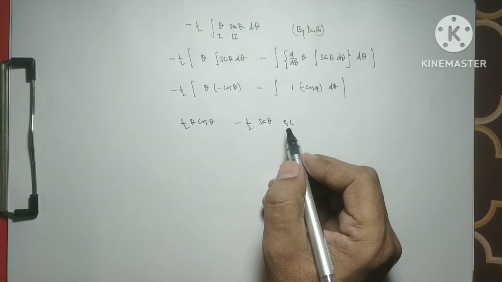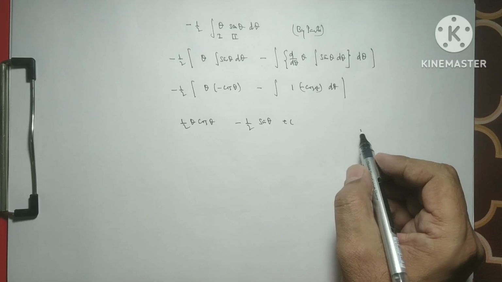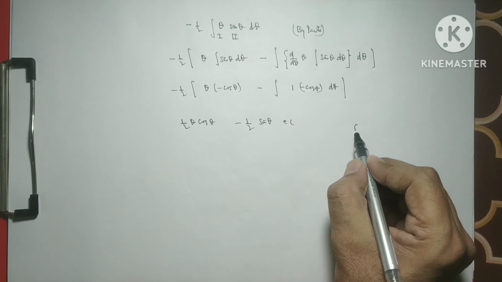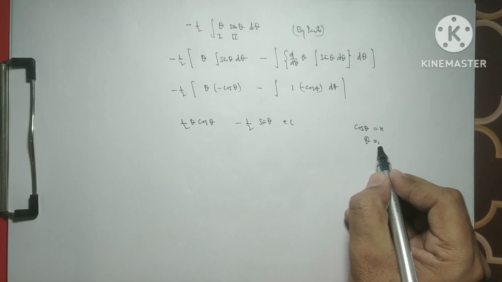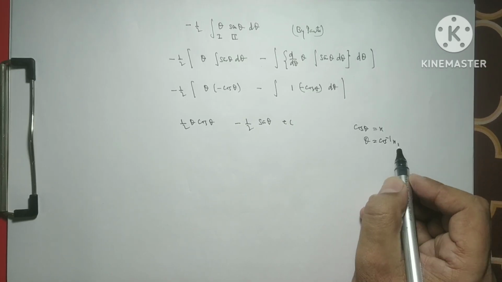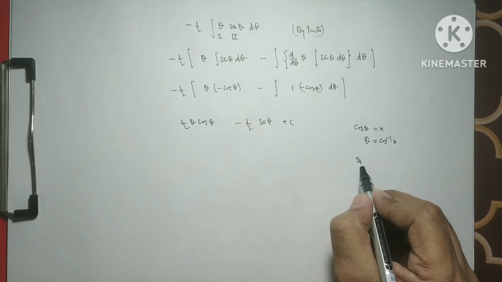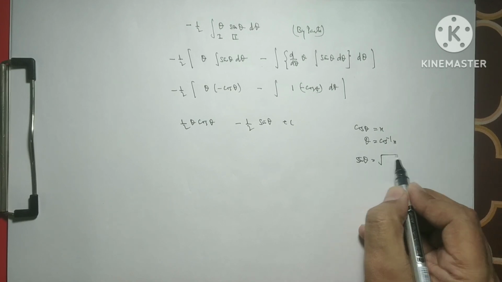So right now we put the values, and cos theta is x, so theta is cos inverse x, and the value of sin theta will be under root 1 minus cos square theta.